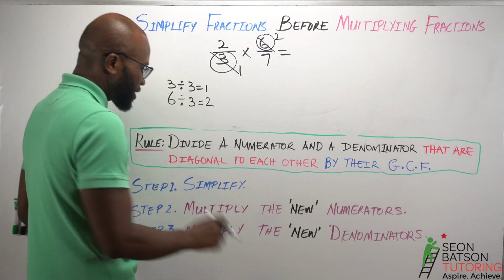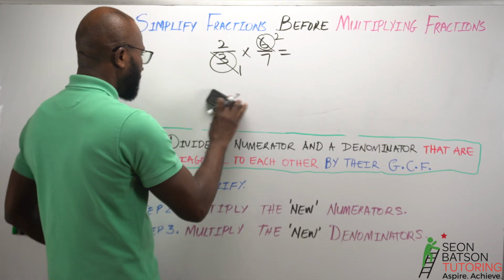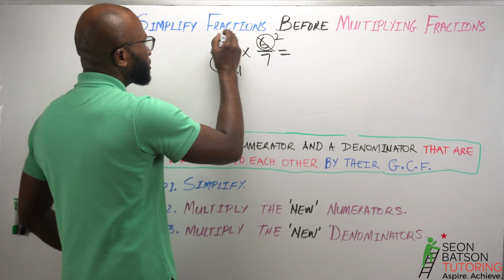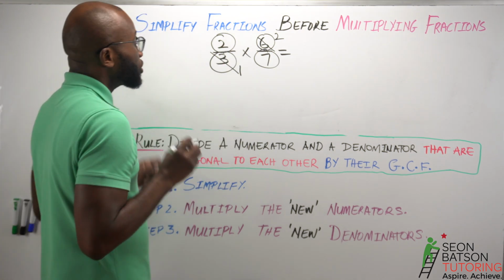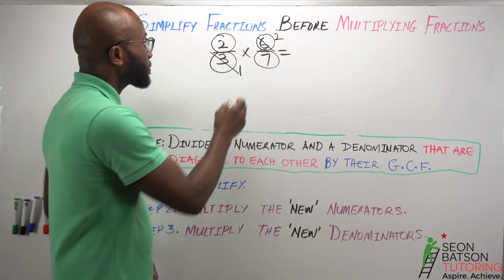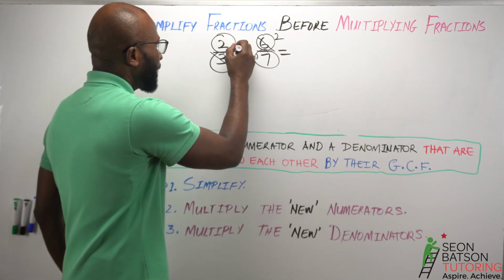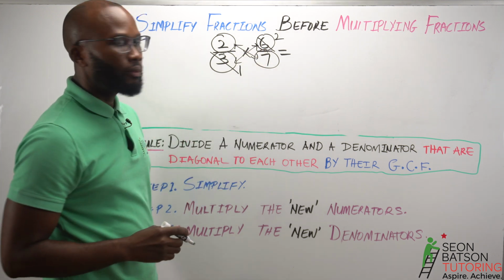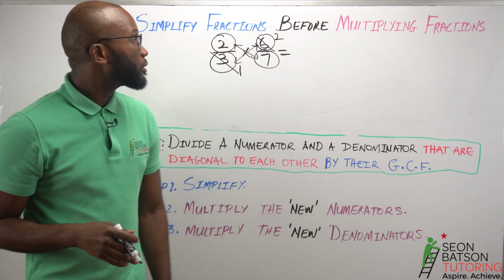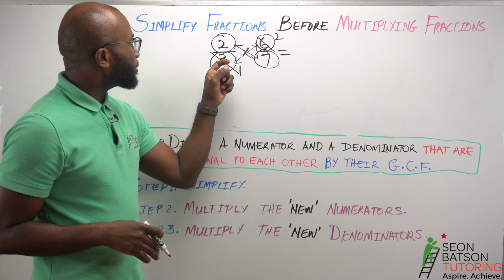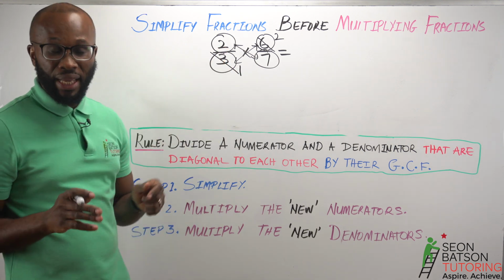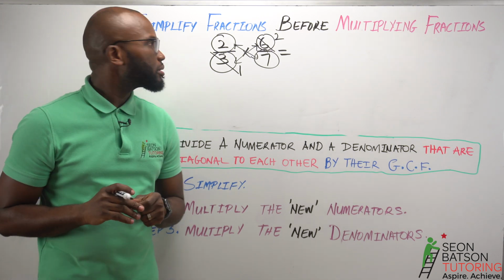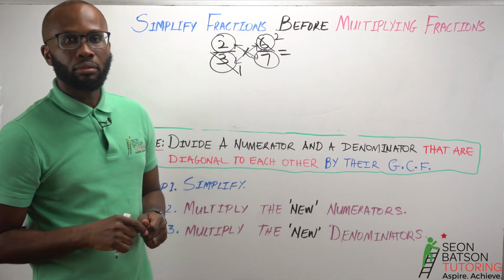Now, let's go to the second pair of numerator and denominator. We would like to simplify 2 and 7. We can divide 2 and 7 by their greatest common factor. The greatest common factor for 2 and 7, or the biggest number that can go into 2 and 7 evenly, is 1.